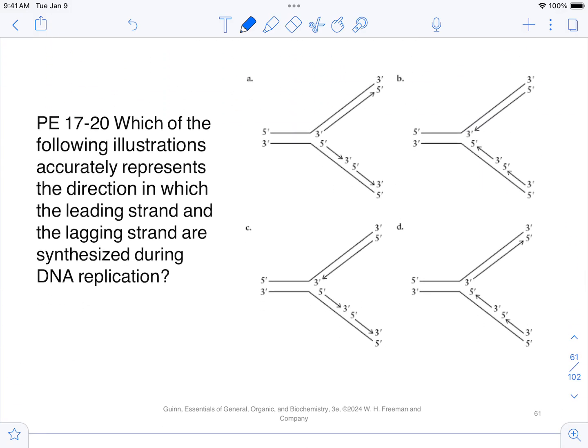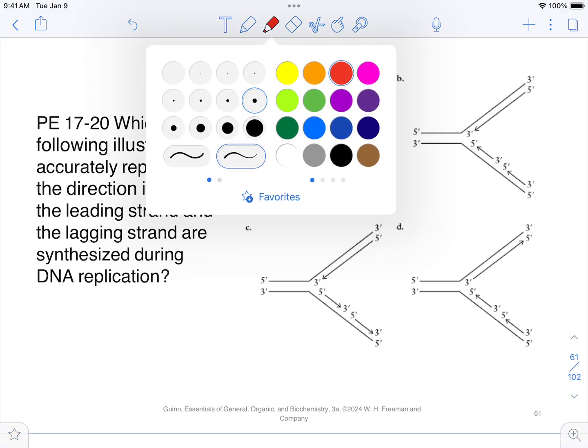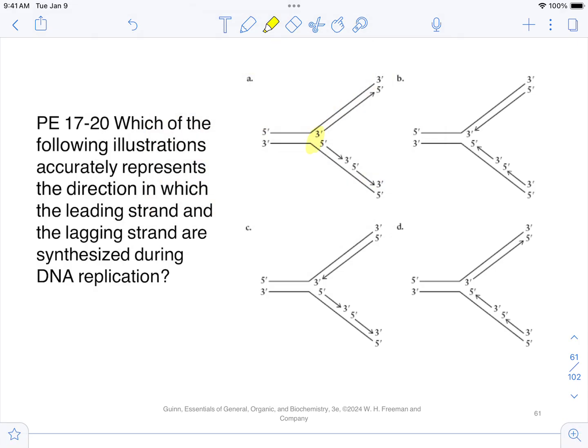Okay, a question here. Which of the following illustrations accurately represents the direction in which the leading strand and the lagging strand are synthesized during DNA replication? So I am looking at my replication fork, and in all of them, it's here. And I know I want to move from 5' to 3'.